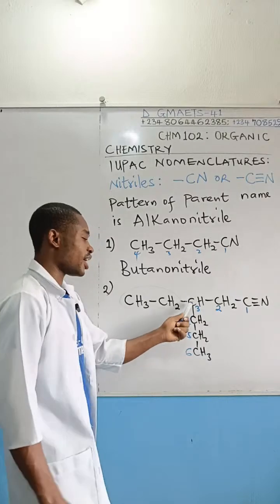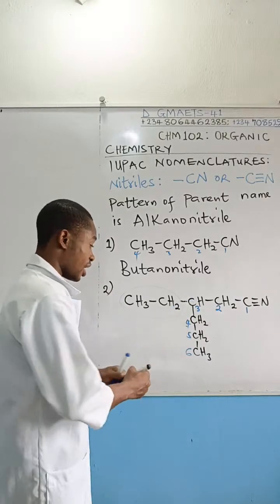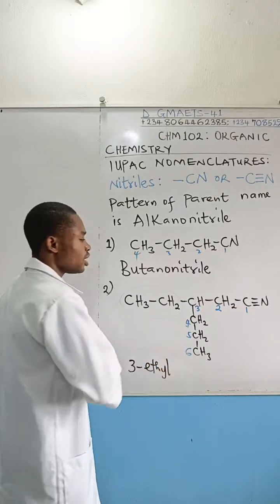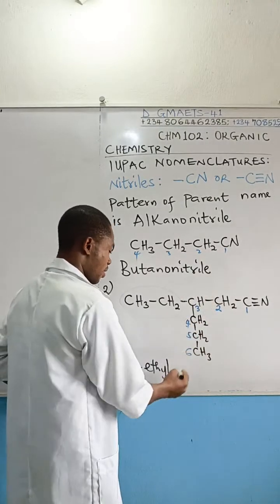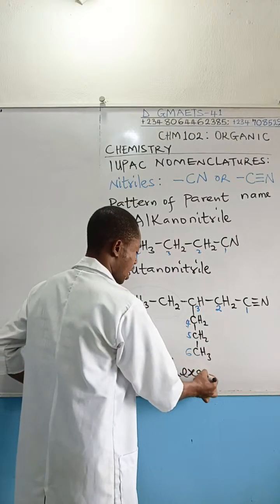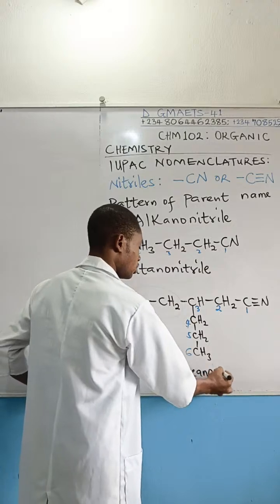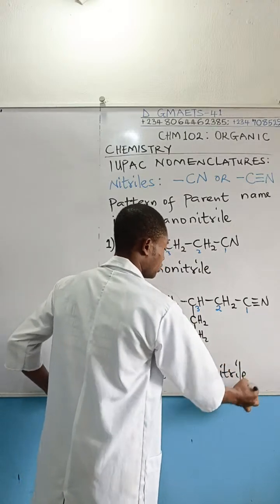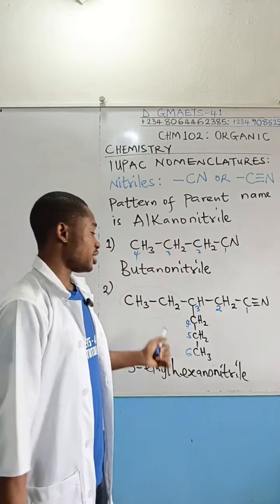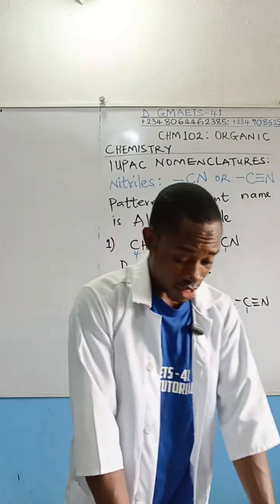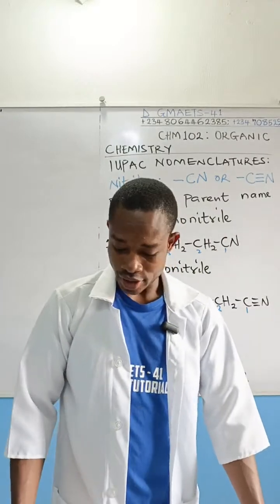So on the third carbon atom of the parent, we have this ethyl attachment, which is 3-ethyl. No other substituent. So you conclude with the parent name, 3-ethylhexanonitrile. Good. That is the IUPAC name of this. As simple as that. This takes us to the next one.